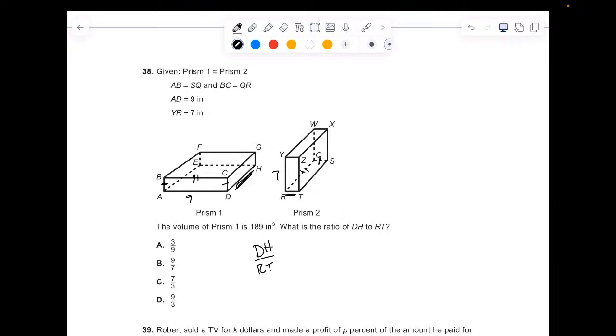Alright, so we have, oh, is it not just, I mean, I just want to say it's like 9 over 7. Alright, let's just do the whole problem.